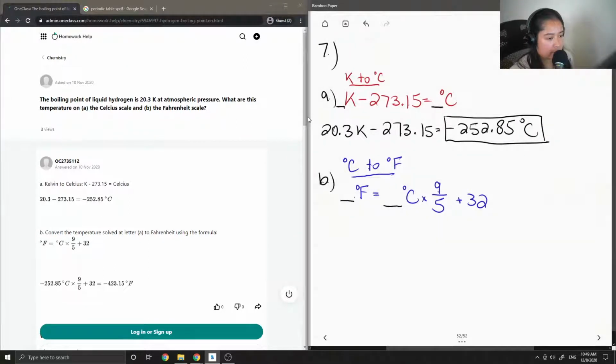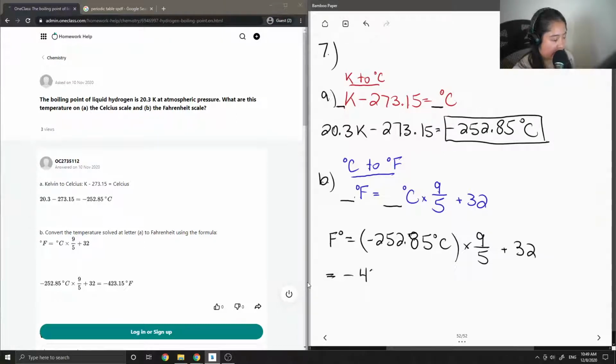Okay, so let's try to solve for this. So we know the value is negative 252.85 degrees Celsius. We need to multiply this by 9 over 5 and then add 32. And then we end up getting negative 423.13 degrees Fahrenheit.